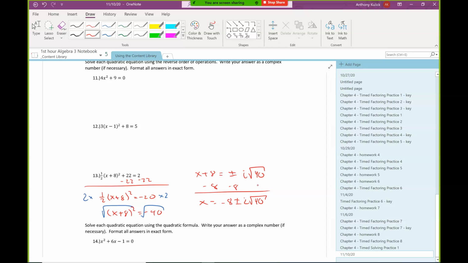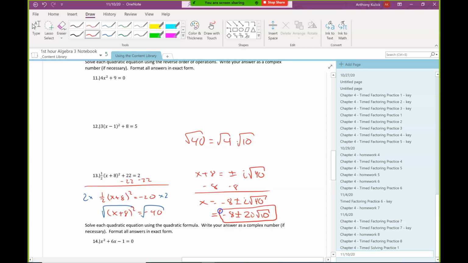And then we could do a little bit better than the square root of 40. Remember that 40 is 4 times 10, right? So the square root of 40 is the square root of 4 times the square root of 10. And the square root of 4 is just 2, right? So the better way to write this would be plus or minus 2i square root 10.